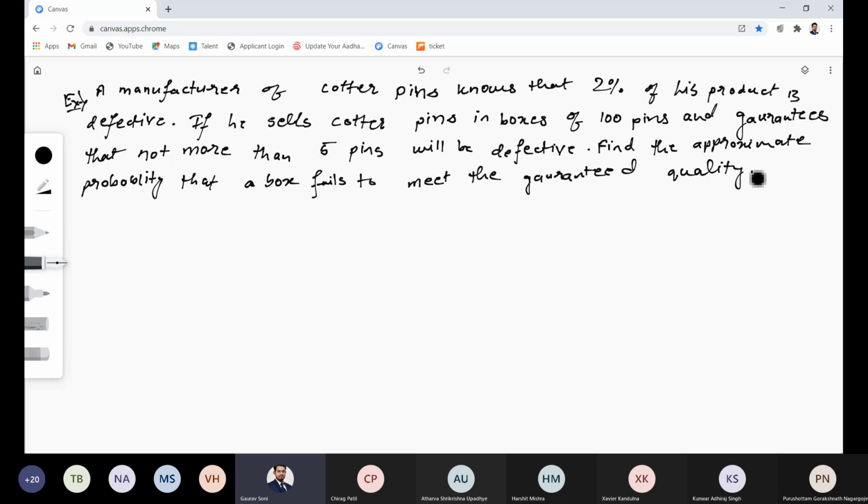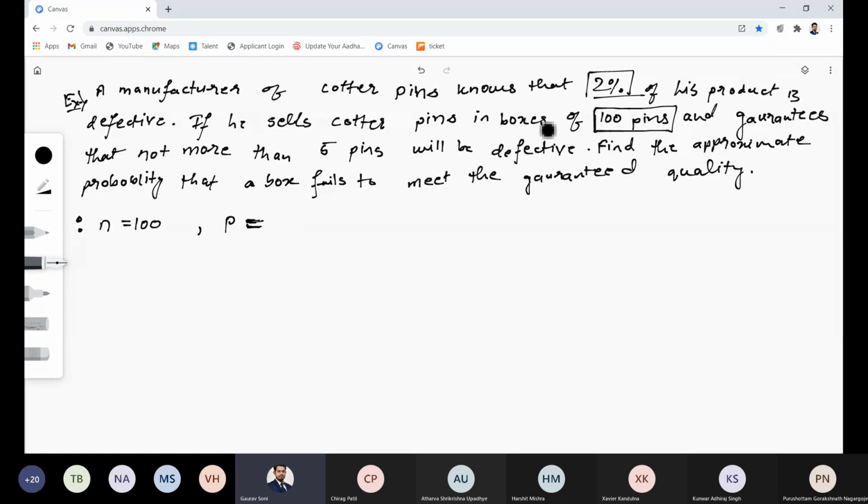So what is the number of trials in this case? Out of how many things is the probability given to you? In a box there are 100 pins, and 2% of his product is defective. So the number of trials is 100. What is your success? A pin being defective is my success.